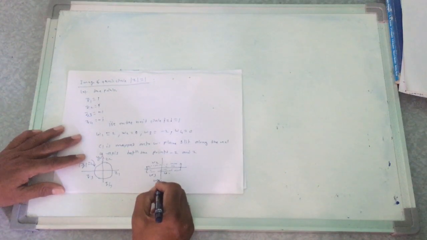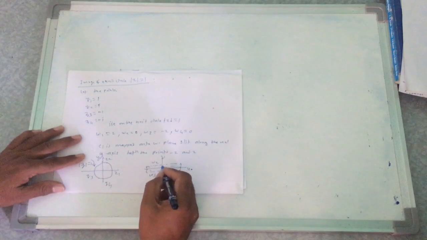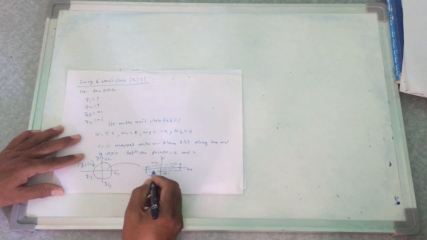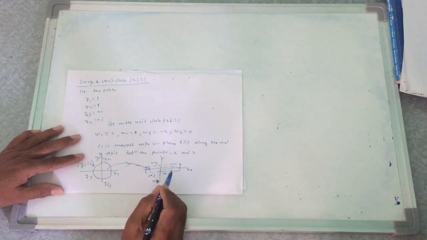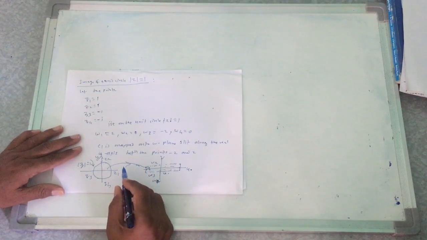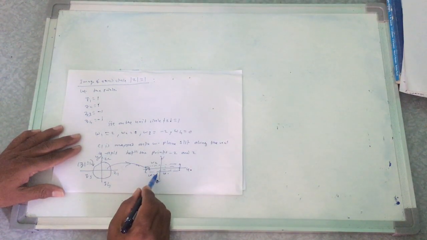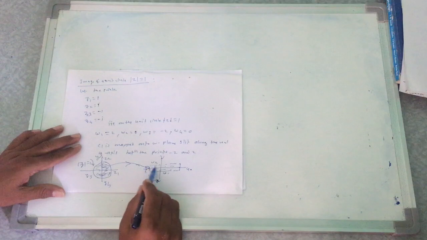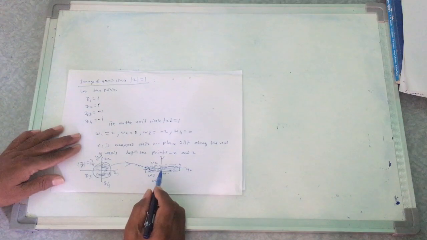This is U and this is V. This is the reflection, so we can have here the image of the unit circle. This is the image. Understand? This is the image.